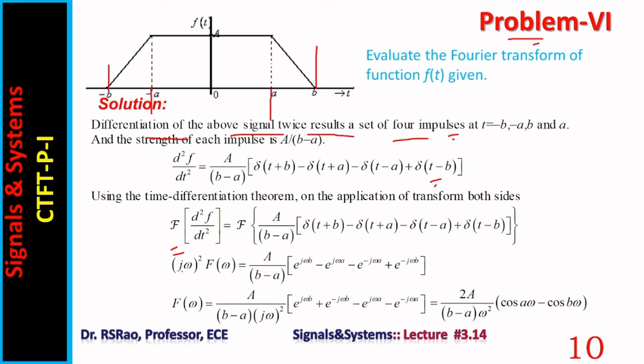It gives us on the left side (j omega) whole square F of omega, and the right side becomes a by (b minus a) times [e power j omega b minus e power j omega a minus e power minus j omega a plus e power minus j omega b]. After taking (j omega) square to the right side and doing a little bit of manipulation, one can get F of omega as 2a by (b minus a) times (omega square) multiplied by (cos a omega minus cos b omega).